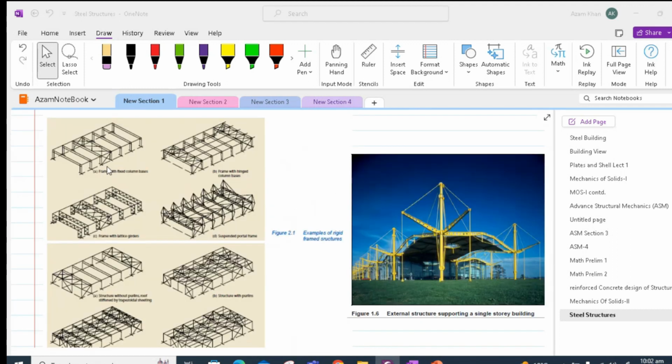In this figure, we have a variety of rigid frames with fixed or hinged column bases. The fixed column bases may be considered when heavy cranes are used as they deflect less under horizontal forces. On the other hand, the hinged column bases have smaller foundations and a simple base.